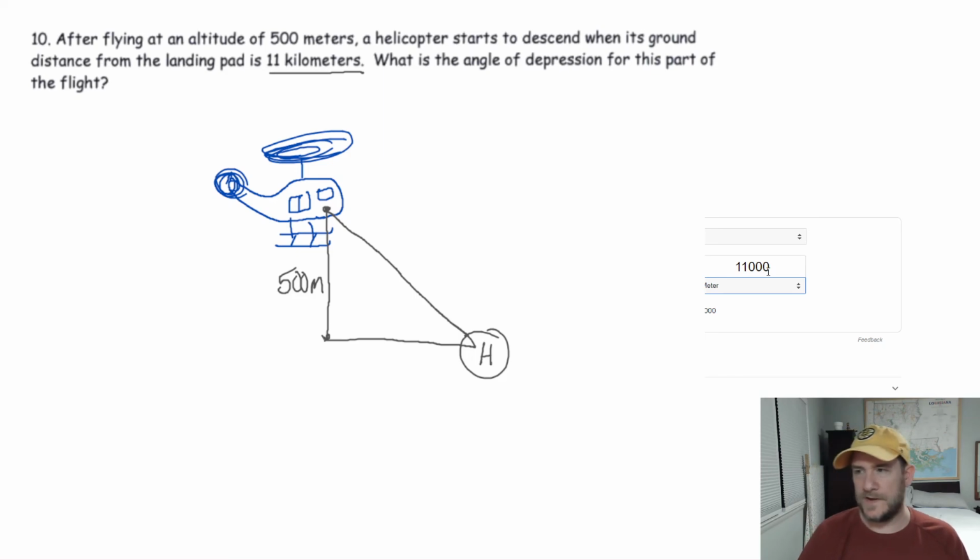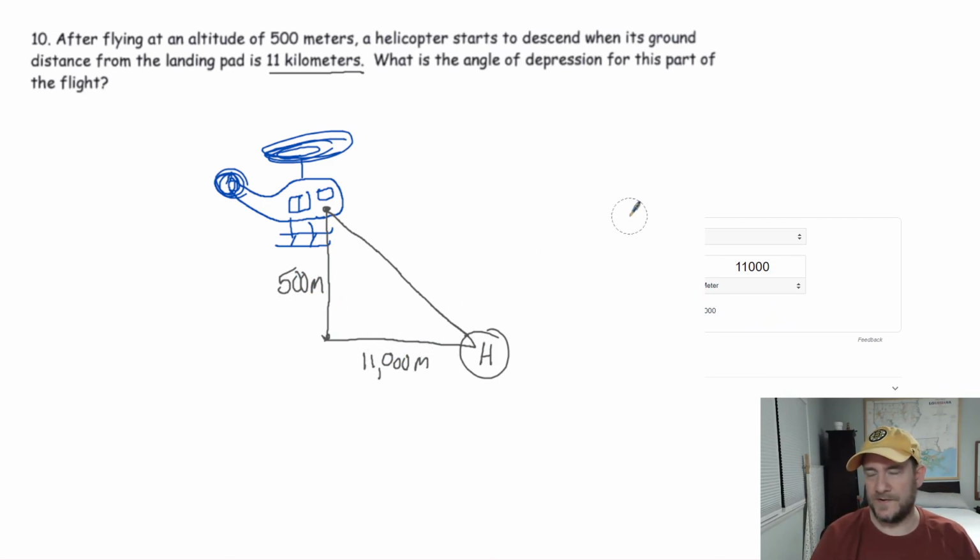Yeah, it is 1,000. That's what I was afraid of. Okay, so it's not 100, it's actually 1,000. That changes things a lot. So that means the distance down here is 11,000 meters.